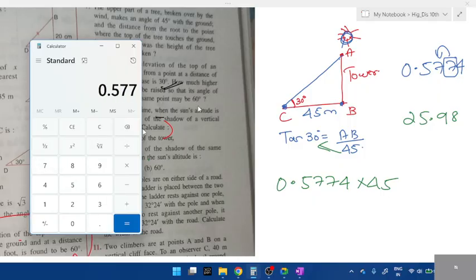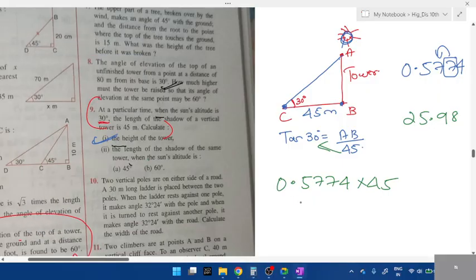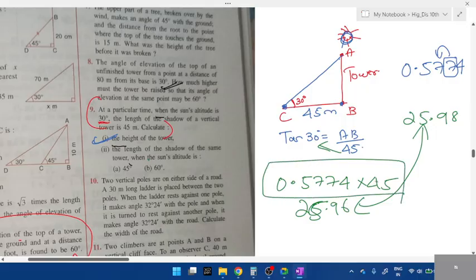You'll get close, students. One or two plus or minus, you'll still get marks. 0.577 into 45, 25.96. So you'll still get marks. That point variation doesn't matter. If you want the exact value, go with the exact calculation.